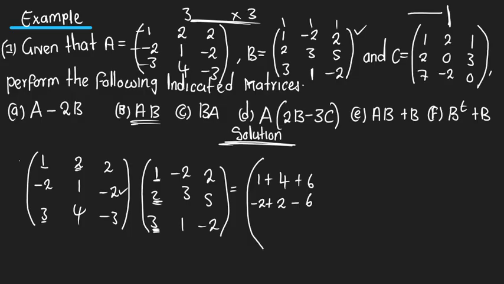I go to the last one. 3 multiplied by 1 is going to be 3, plus 4 multiplied by 2 is going to be 8.